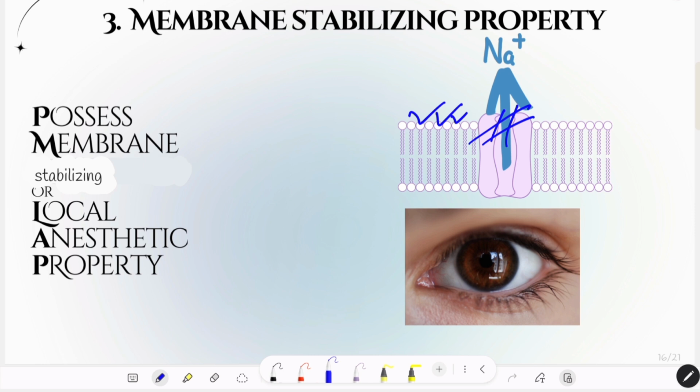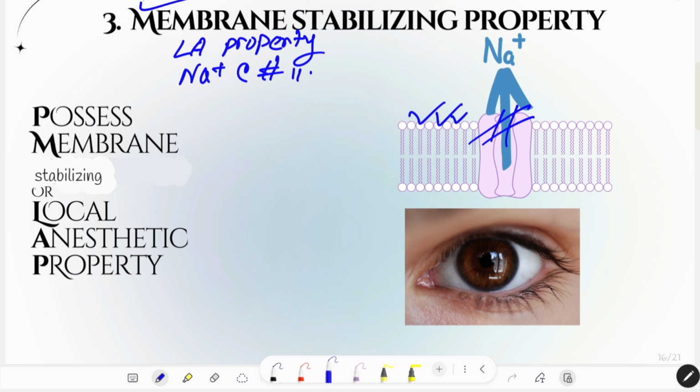You also know that the sodium channel is also present on neurons, and if we block the sodium channel on the neuron, that will produce local anesthetic effects. So membrane stabilizing property, local anesthetic property, or sodium channel blocking property all mean the same.